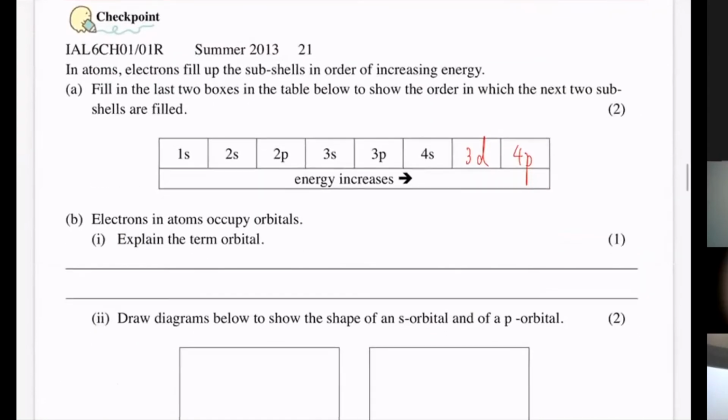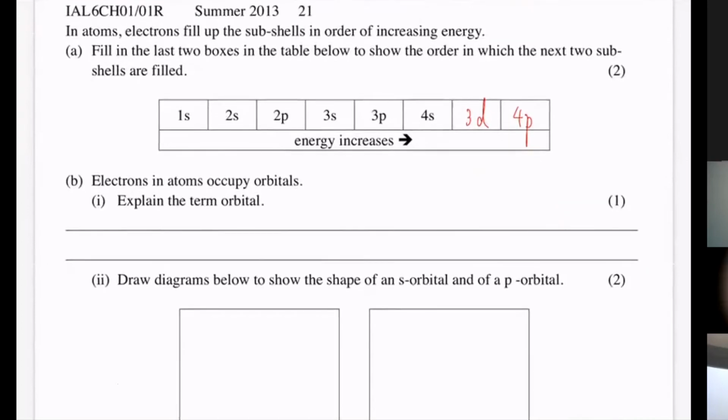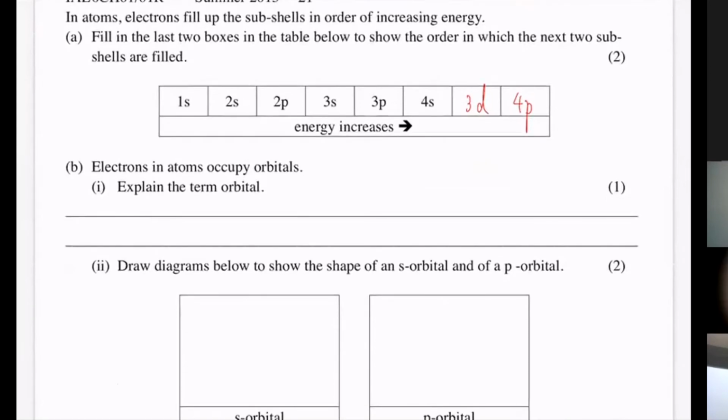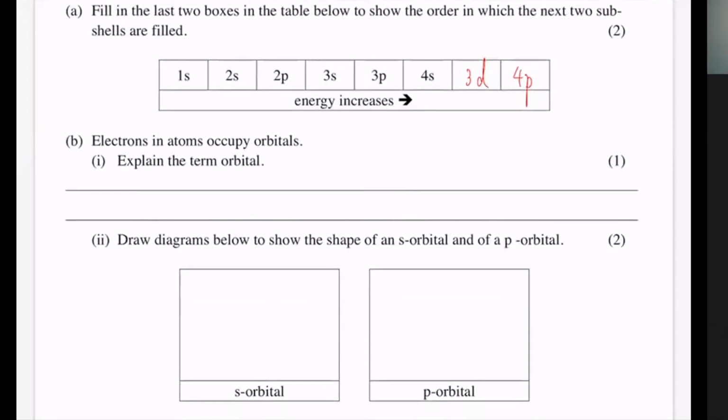Next one, Larissa, can you tell us the answer for part B? It's used to define a region where it has a high probability of finding an electron around the nucleus. Yeah, very good. So you just copy the definition in your notes, and memorize that.